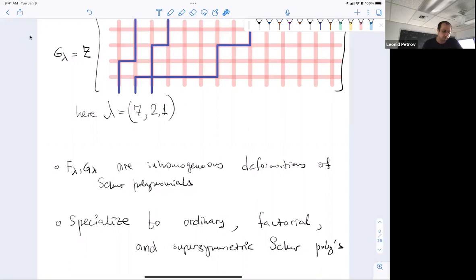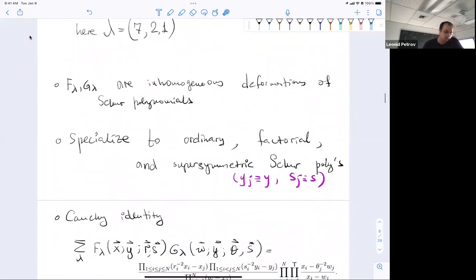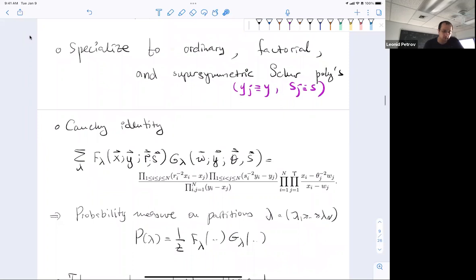So you get supersymmetric from g by just saying that y_j are all constant and s_j are all constant. For example, you get supersymmetric Schur polynomials in variables that are rational combinations of y, s, w, and theta. Anyway, you get the Cauchy identity, which I already explained, for the partition function.